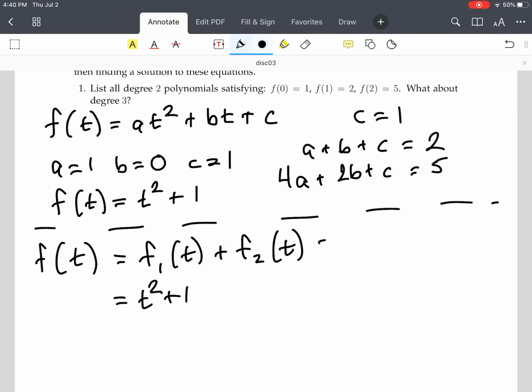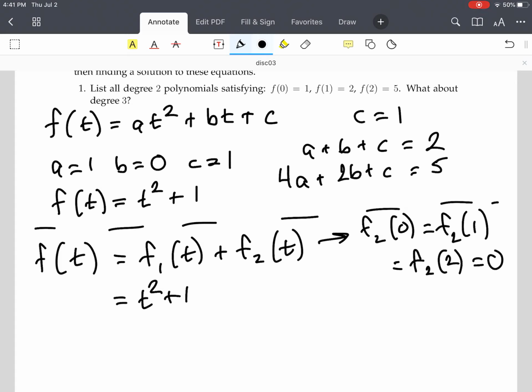Then we can impose constraints such that f2 at 0 is equal to f2 at 1 is equal to f2 at 2 is equal to 0. Essentially, this new composition f of t will still satisfy all 3 of these points. Let's see how we can do this.